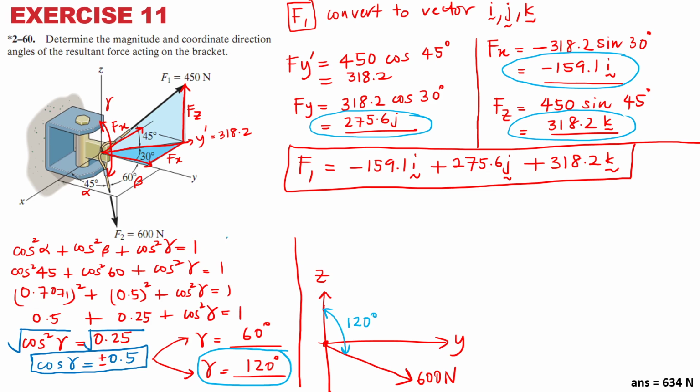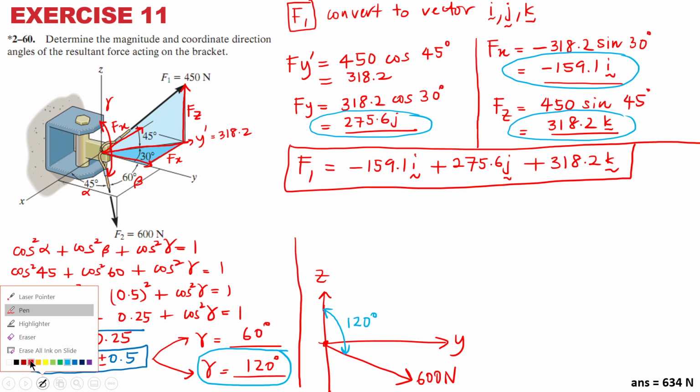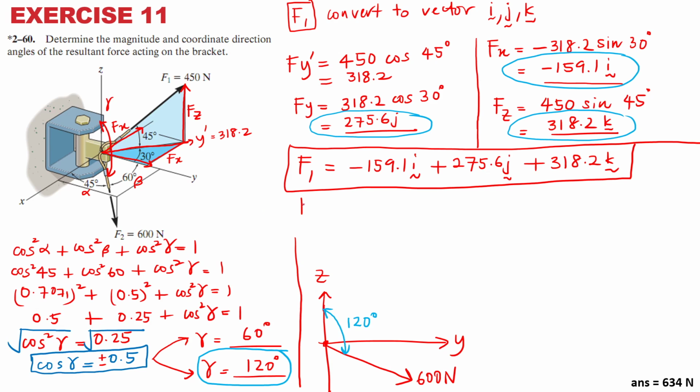So, if we finalize everything, you're going to get F2 is equivalent to F cos alpha i plus F cos beta j plus F cos gamma k. This is what you should write.